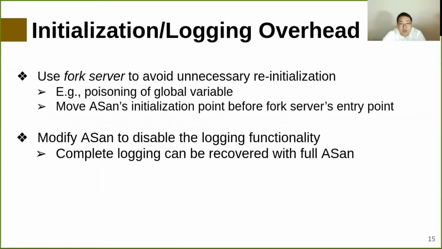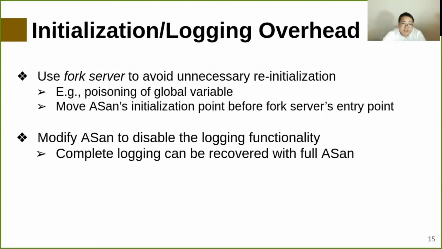Next, I'm going to introduce our additional effort to address Address Sanitizer's initialization and logging overhead. To remove Address Sanitizer's initialization overhead, we use the fork server to avoid unnecessary initialization, such as poisoning of global variables.